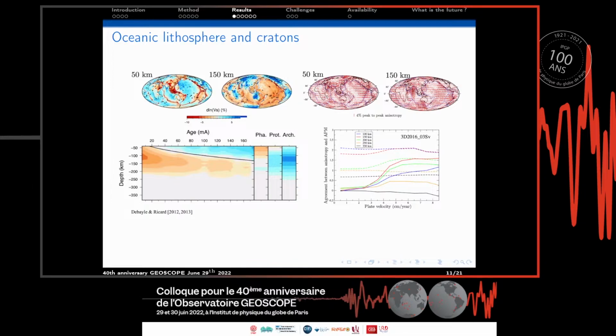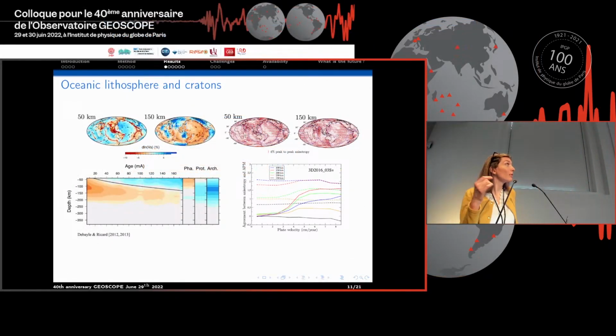observation. And then we can also measure the azimuthal anisotropy. Here the red bars tell you in which direction the seismic waves are propagating in the fast direction. And you can compare that with the absolute plate motion.